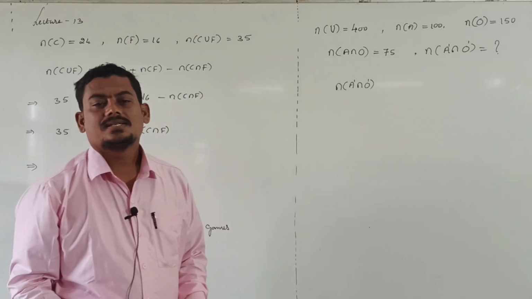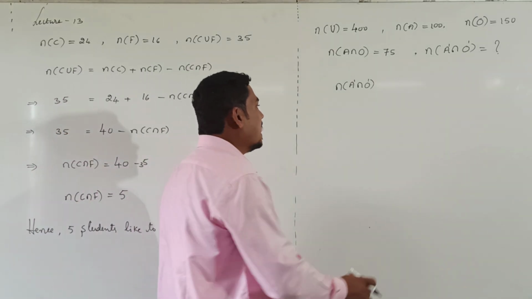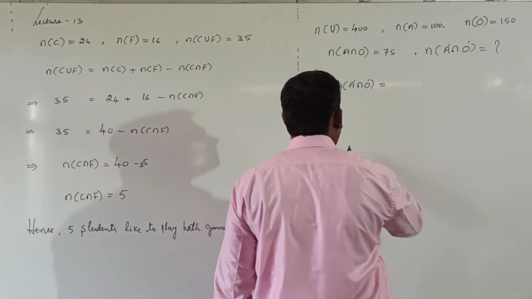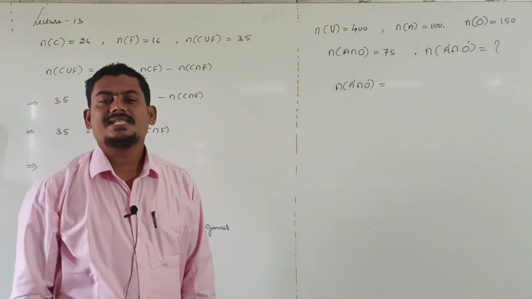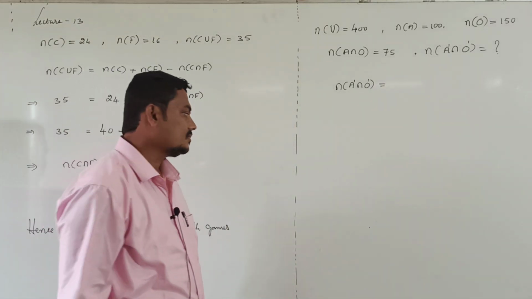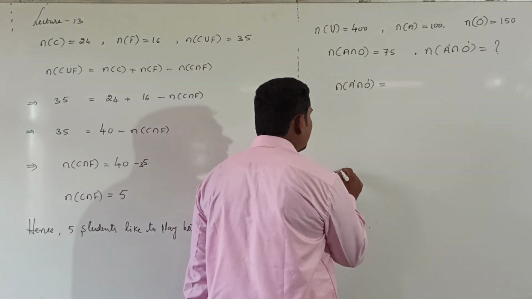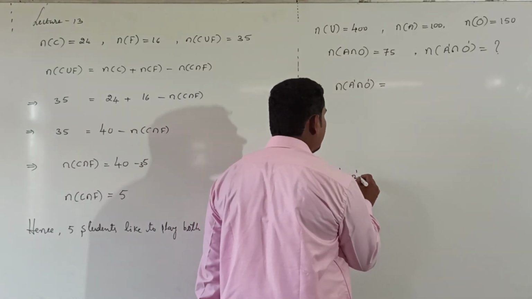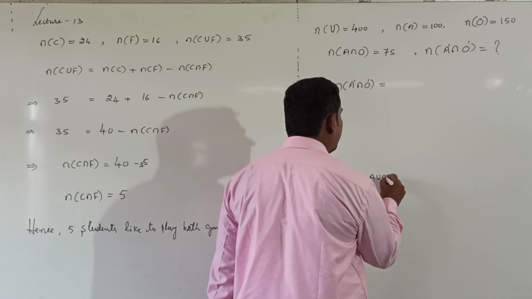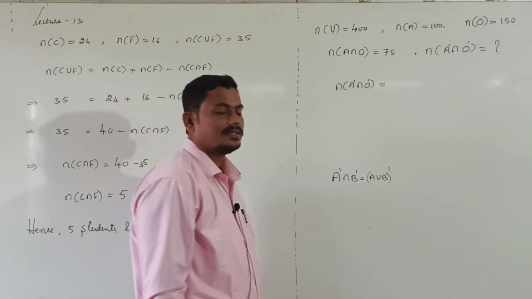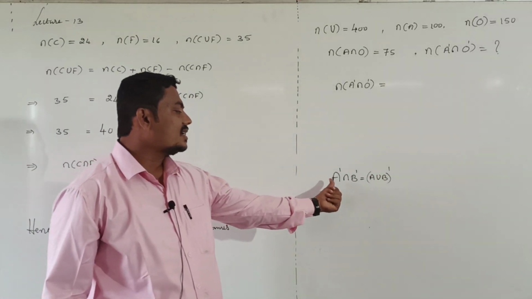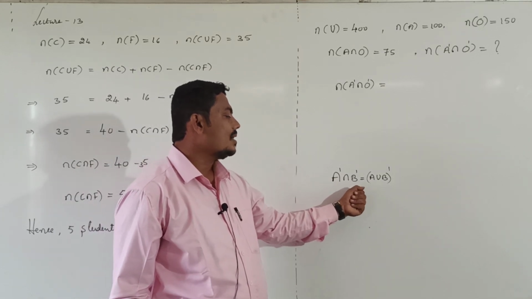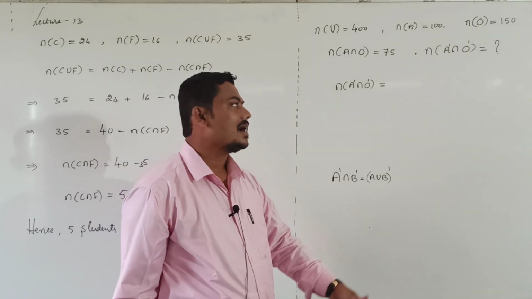Instead of B, some other notation O. From De Morgan's law, A complement intersection B complement is nothing but A union B whole complement.